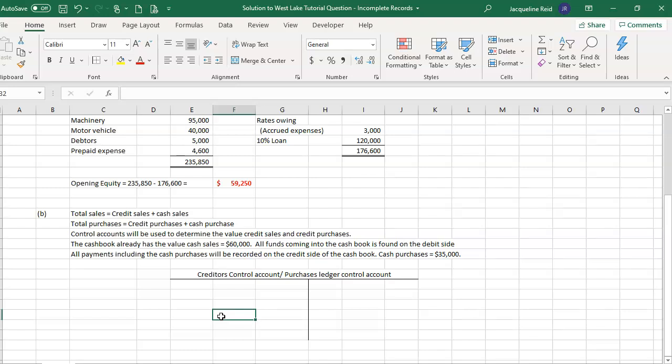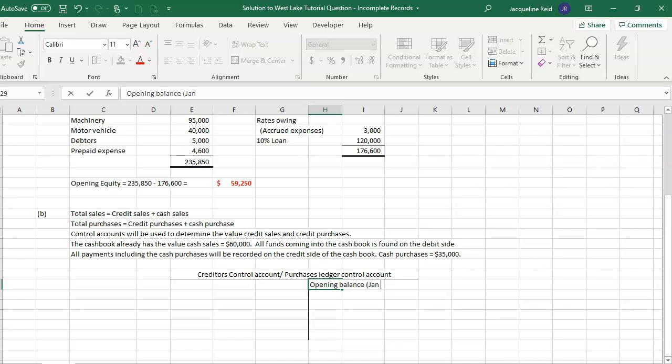Because the creditors control account deals with creditors, the opening balance for this control account must be on the credit side. So let's enter that information now. The opening balance, which is the balance at January 1, was $4,100.